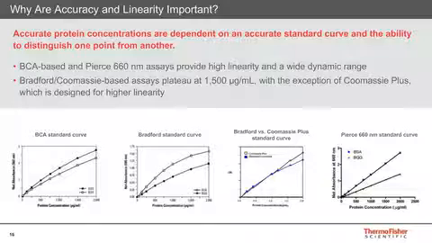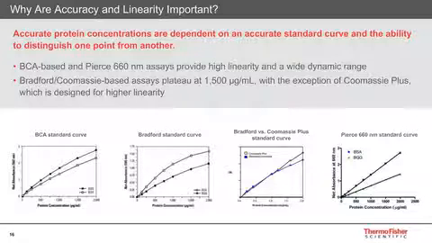So now let me talk a little bit about linearity and accuracy. As you can see in the BCA standard curve and in the 660 nanometer standard curve, we have a wide range, which is from 20 microgram per mil to 2000 microgram per mil, and an excellent linearity.